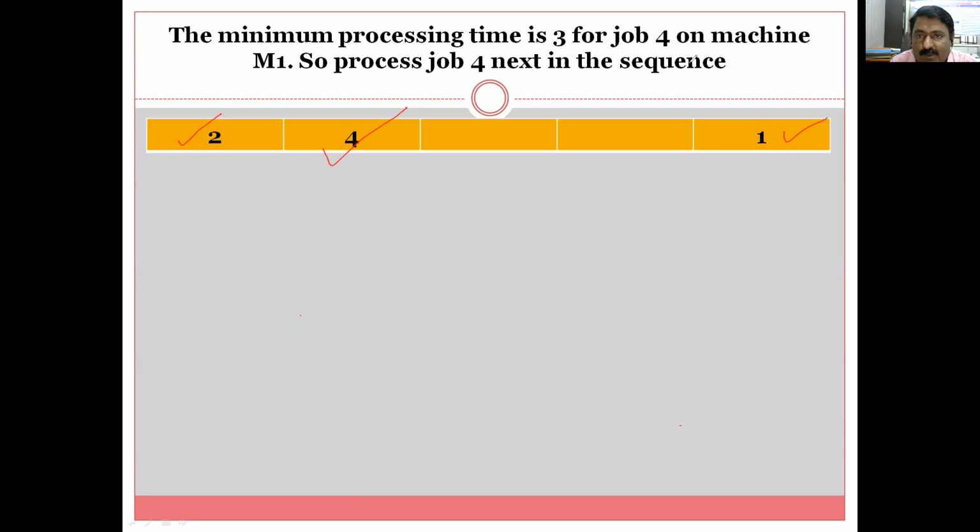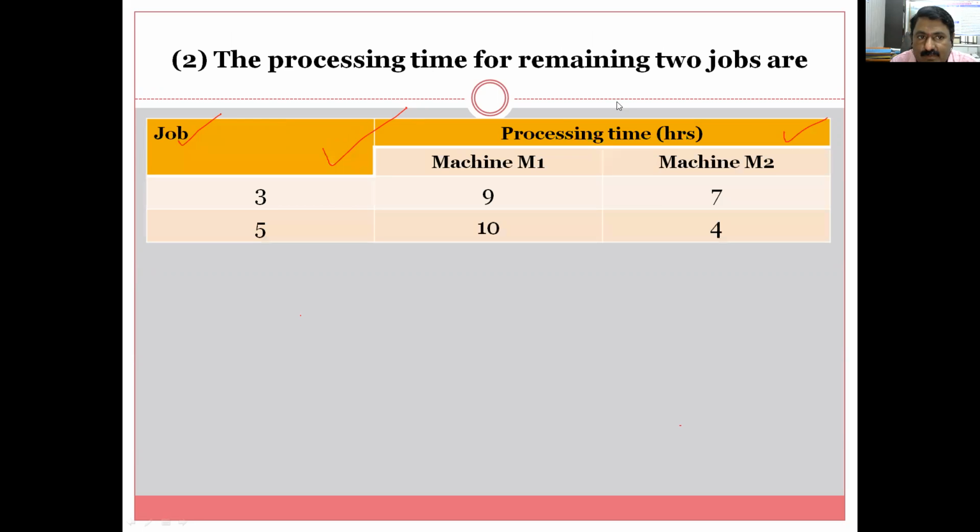Now only 2 are remaining. Let us proceed. 9, 7, 10, and 4. So here I can say, friends, 4 is lesser, but it is from the M2 side. So I will take on this side from last, whatever place is available for allocation.